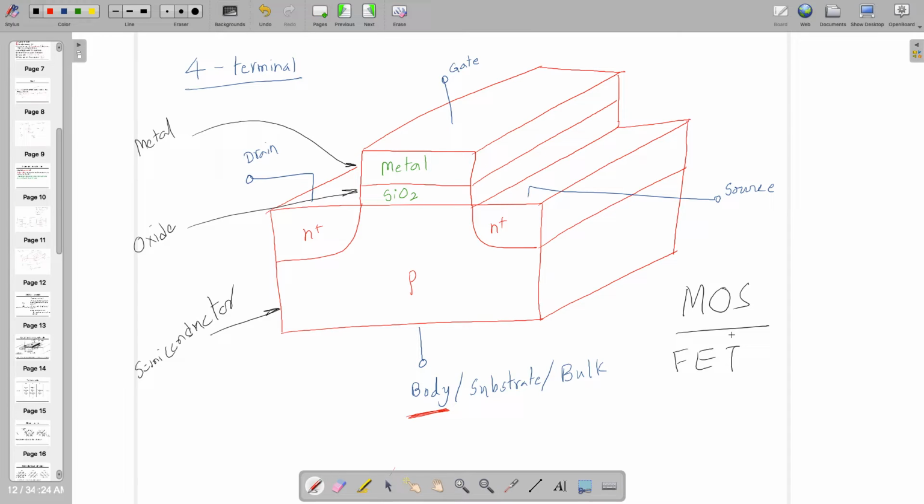So this technology was introduced earlier than BJT. This is not the newer technology, but one of the oldest technologies. However, people didn't know how to use this one. At that time, it was not mature enough, and just MOS does not help you.